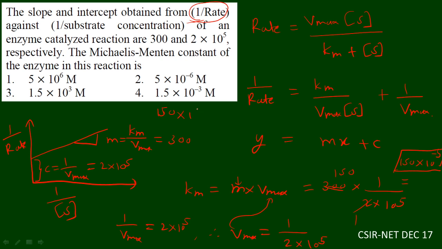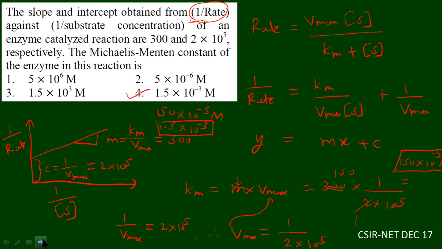If you arrange this, it becomes 1.5 into 10 to power minus 3 mole. Therefore, the fourth option is the correct option.